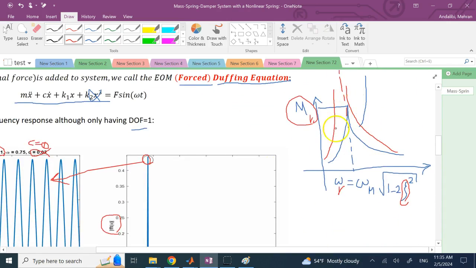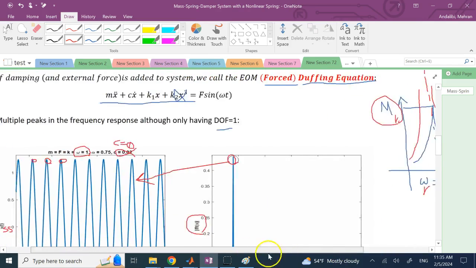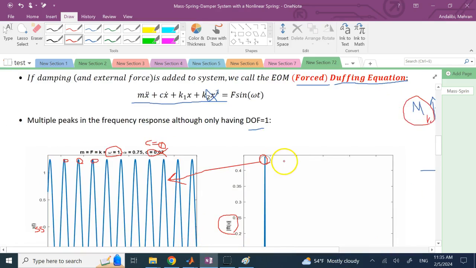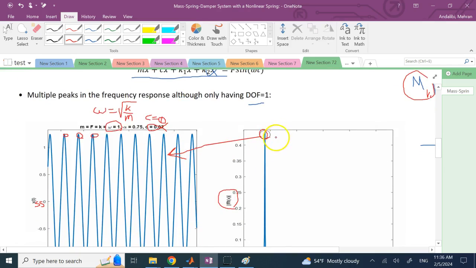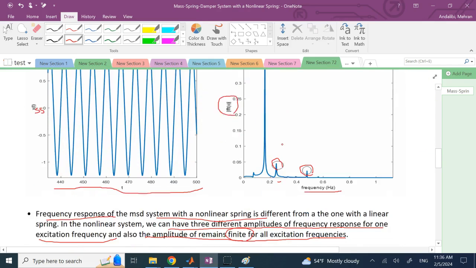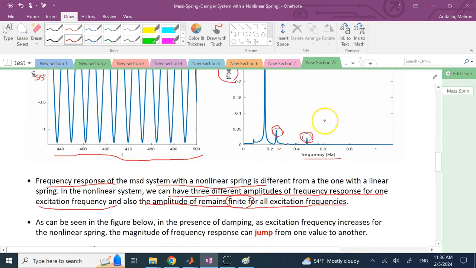It will never happen. You always get limited, finite responses, even if your omega here is equal to, let's say, square root k over m, which is the natural frequency of the linear system, or any other frequency for that matter. Doesn't matter, just change it from any to any and set the damping to 0. You will never get infinite peaks. So now nonlinear systems will not have infinite peaks, and they might have several.